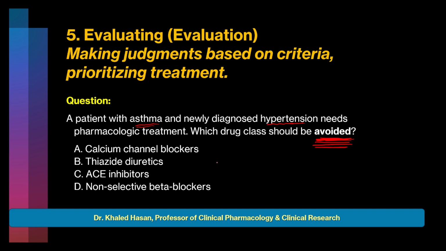We need to avoid this medication. A, calcium channel blocker. B, thiazide diuretic. C, ACE inhibitor. And D, non-selective beta blocker. So the correct answer we need to avoid in a patient with asthma and hypertension will be the non-selective beta blocker.